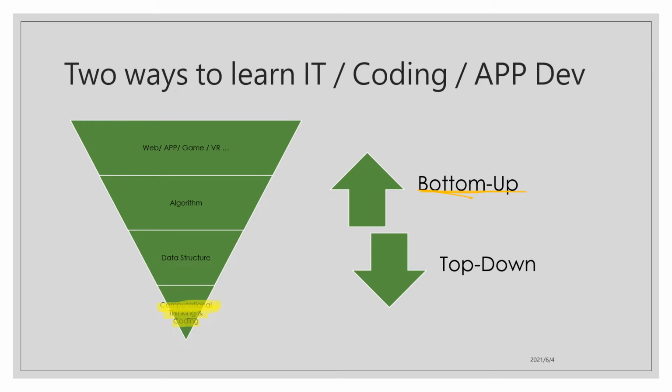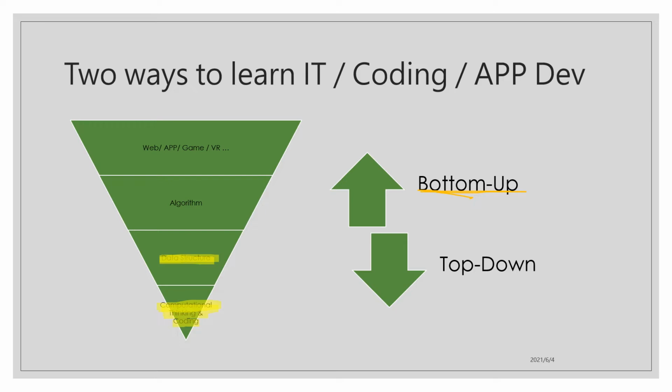Then you will be asked to learn some data structure questions: how to use the tree structure, how to use the graph model, how to use different kinds of data structures to solve some complicated computer science problems.